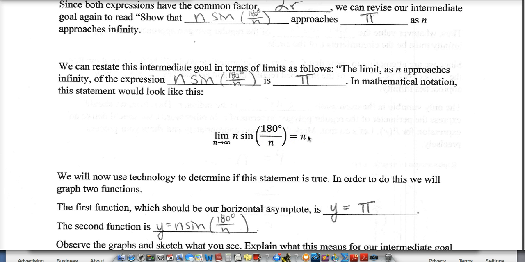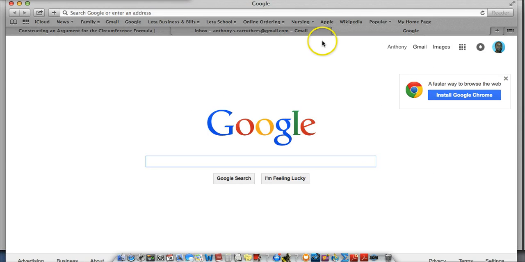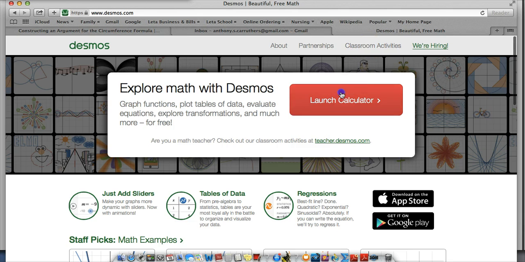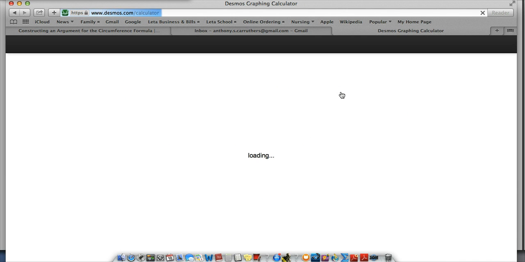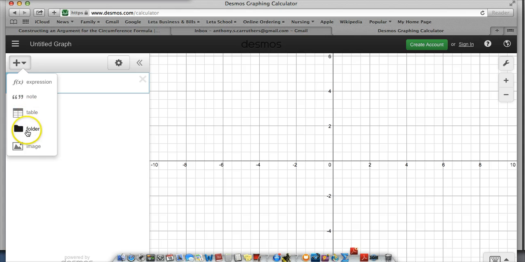So to do that, we're going to use Desmos. So I have Desmos queued up around here somewhere. Or maybe I don't. So let's get to Desmos. And once on Desmos, I want to create a table because this is a discrete function that we're going to be graphing.